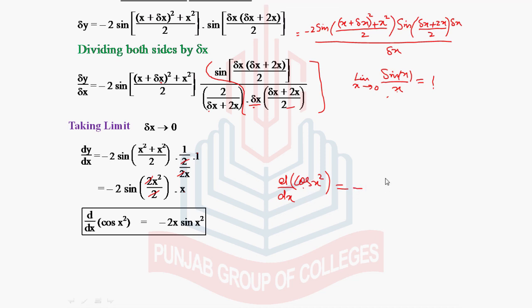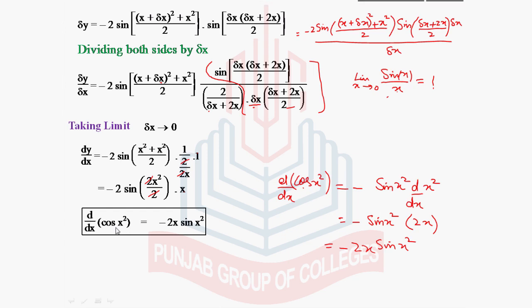Angle is x square, and then derivative will apply on the angle, which is the derivative of x square. So minus sine x square, and derivative of x square will be 2x. So the thing will become minus 2x sine x square, which is verified by this 4-step process or differentiation by first principle, that will give minus 2x sine x square.